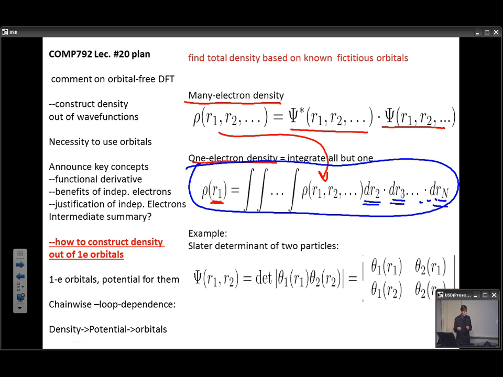So now we want to build total density out of those Kohn-Sham orbitals that construct the many electron wave function. The question is whether this total density, expressed in terms of the multi-electron wave function, which is expressed in terms of Kohn-Sham orbitals, will look in some simple, easy way. Can we simplify it?